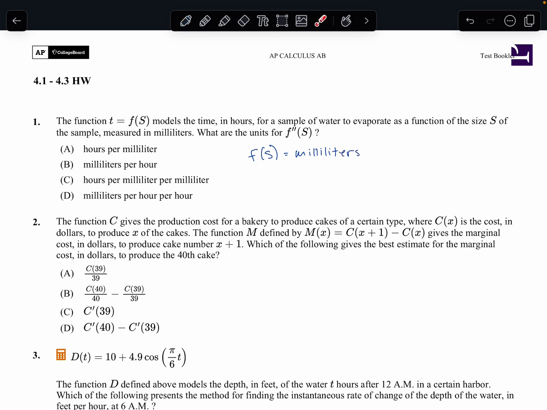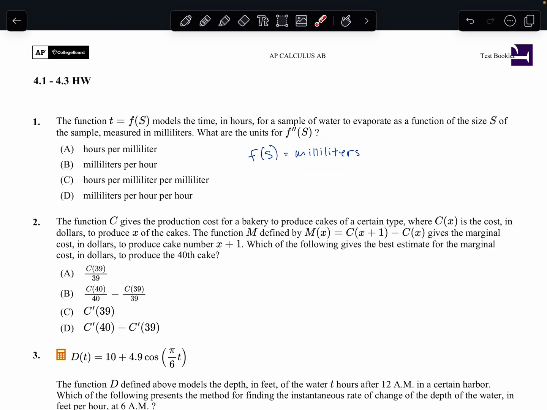And if we had a graph right here, the value on the y-axis would be f of s, which would be milliliters, and this would be time, which is in hours, so this would be hours.